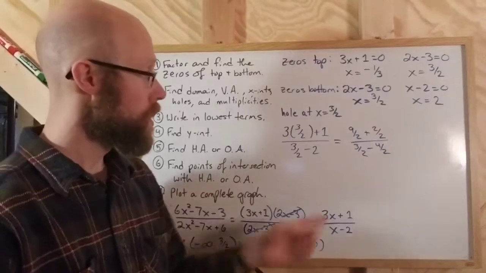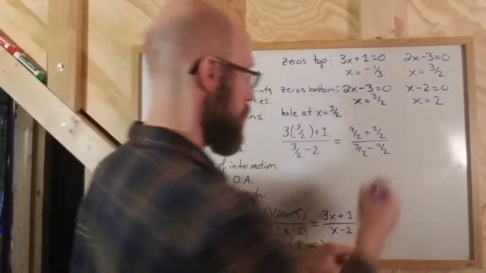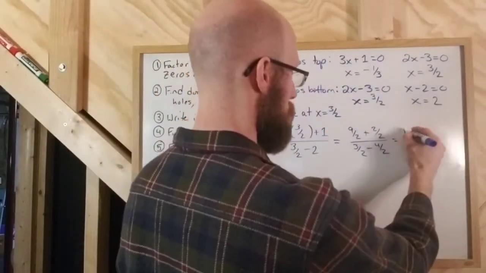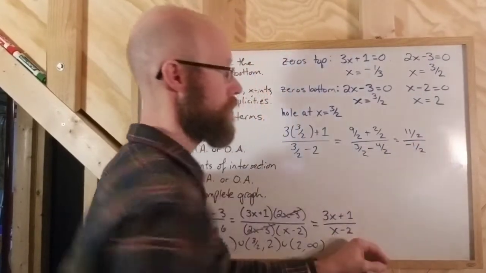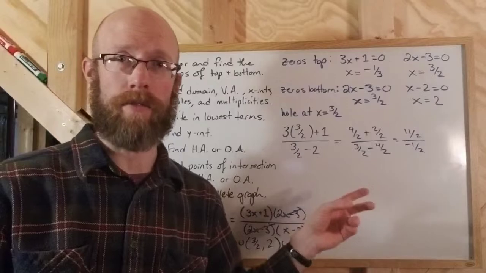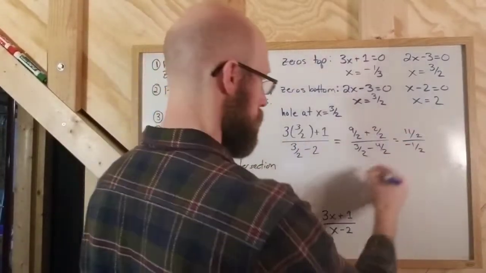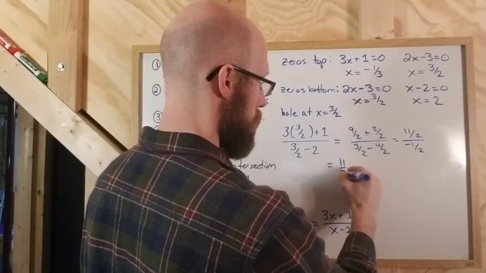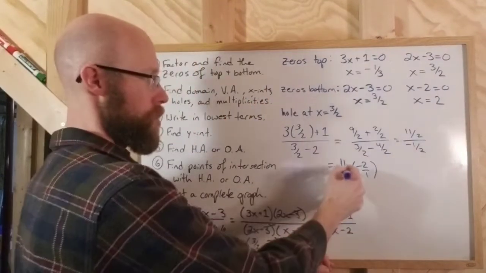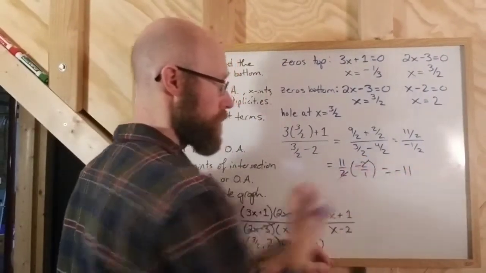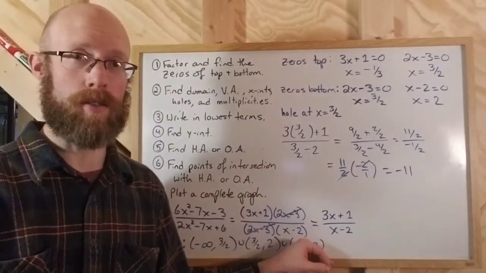Okay. And then I can combine my numerators. It's going to be 11/2 over negative 1/2. And if I copy, dot, flip, or multiply by the reciprocal, I get 11/2 times negative 2 over 1. The 2's will cancel and I just get negative 11. That works out really nice.